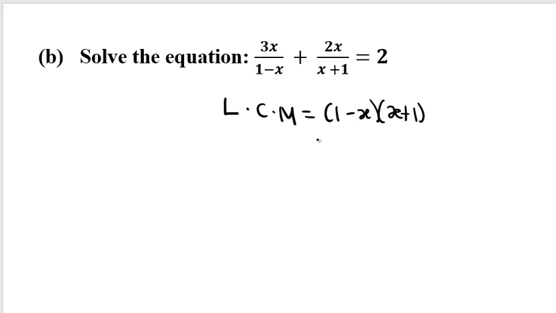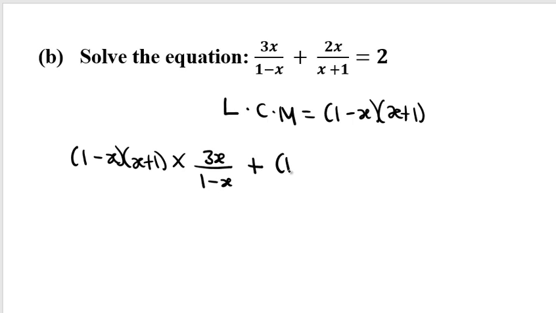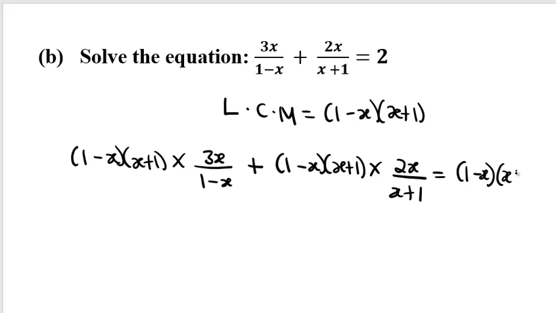So we are going to have our LCM, which is 1 minus x times x plus 1, times 3x over 1 minus x, plus the same LCM, 1 minus x times x plus 1, times the 2x over x plus 1, is equal to the same LCM, 1 minus x times x plus 1, times 2.